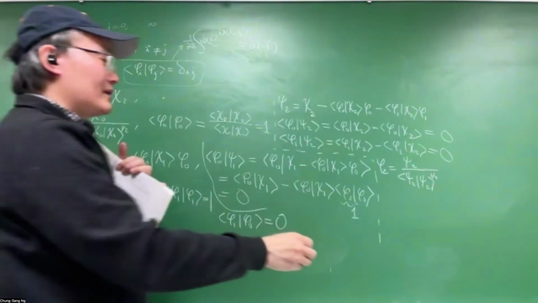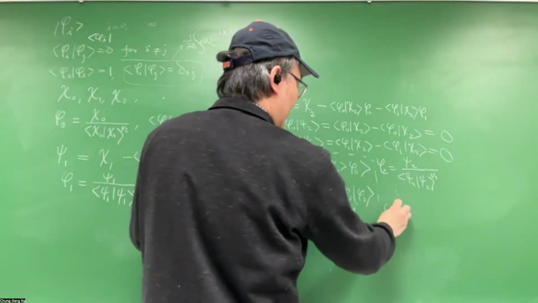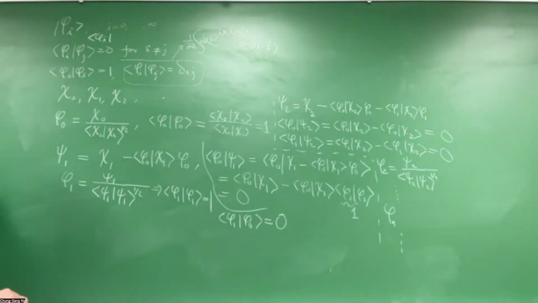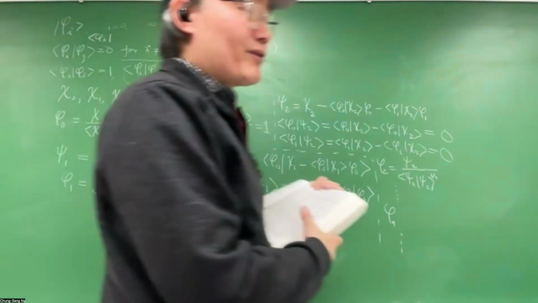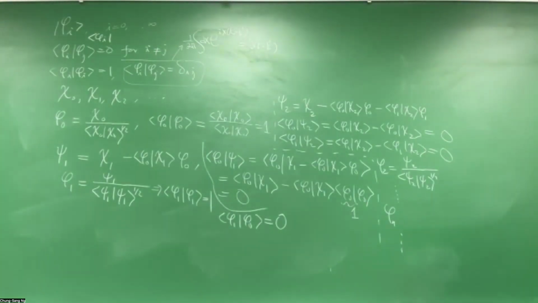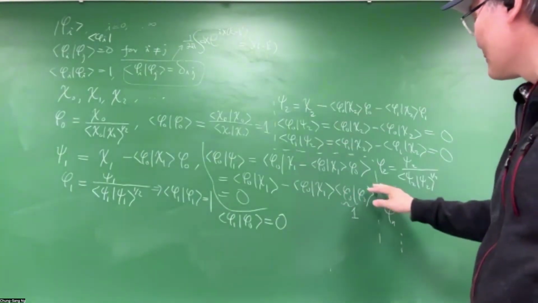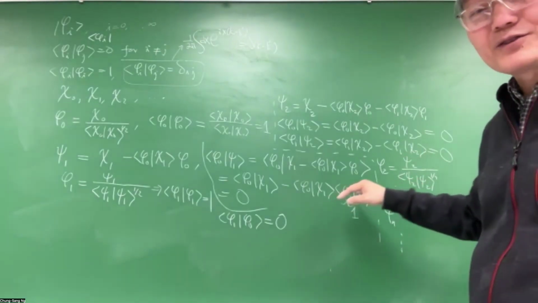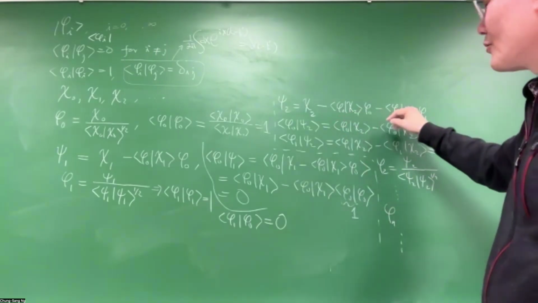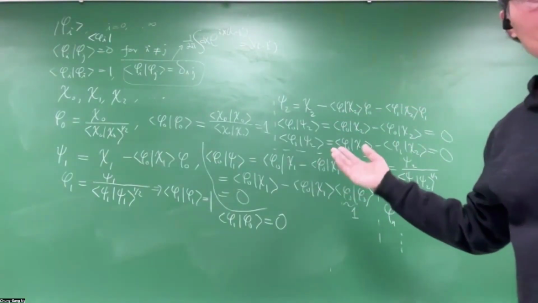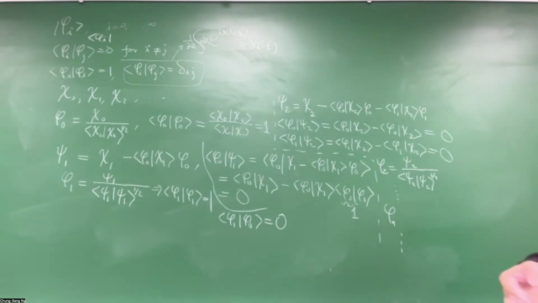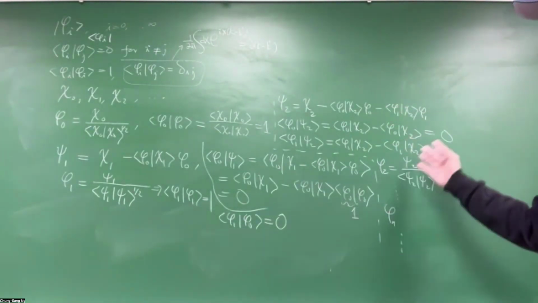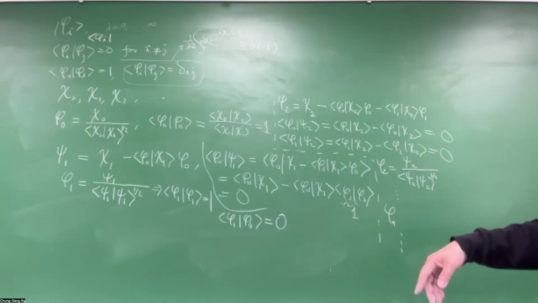So you can keep going and get all the phi, keep defining that. This is a systematic way to do that, but obviously you see that it's not very efficient. Each order you go, each more basis you try to define, you need to subtract more and more terms. It's just a lot of work to do that, but it's a systematic way that you can construct all these orthogonal bases.